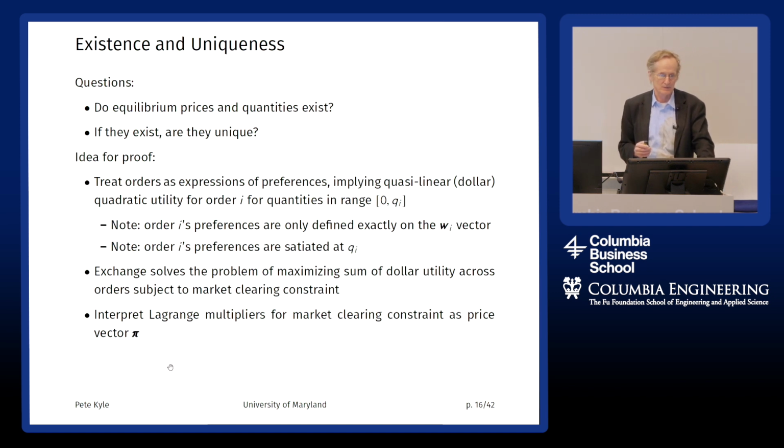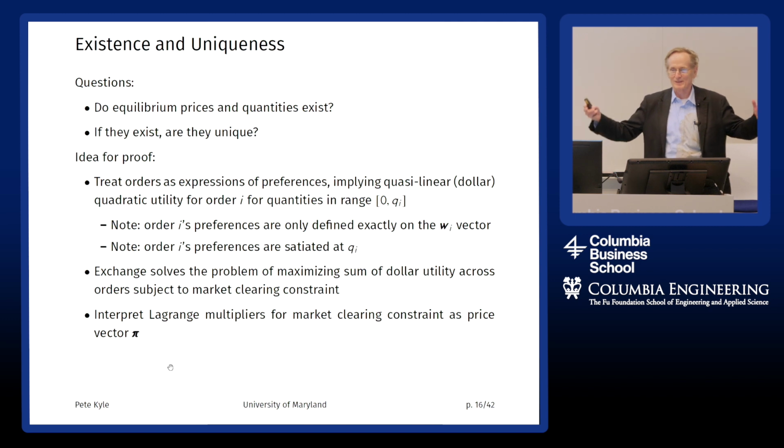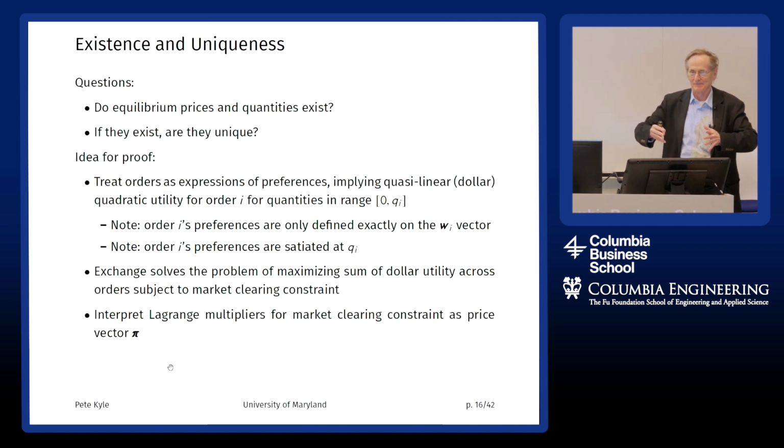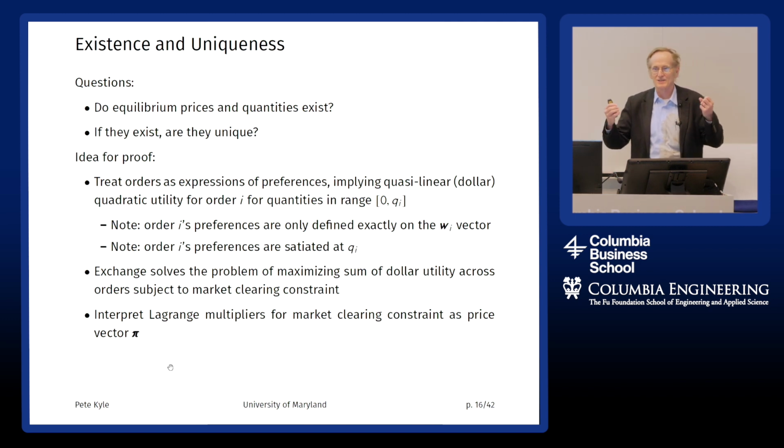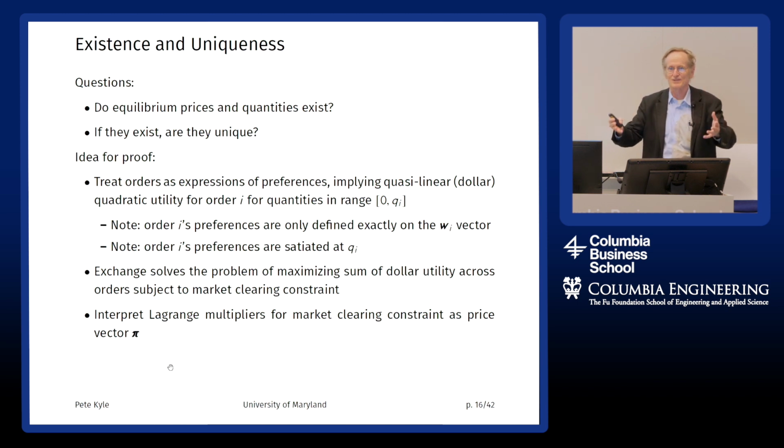But the answer is that we're going to address the existence and uniqueness problem by turning this into a quadratic program. The way we're going to do that is, even though the traders haven't really expressed preferences, they've just implemented a strategy, we're going to pretend like they're expressing preferences. What do those preferences look like?